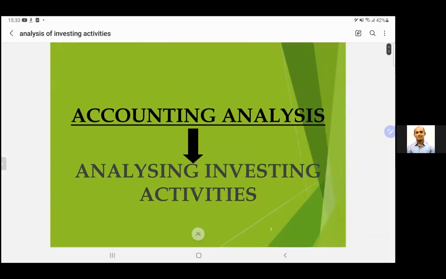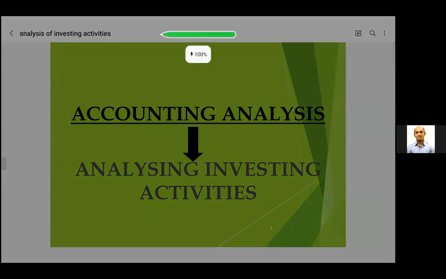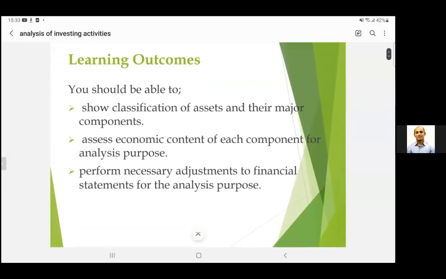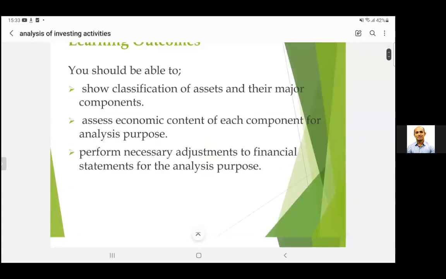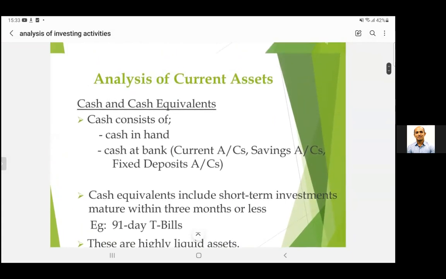You see under accounting analysis, analyzing investing activities. Right. So we'll start with current assets.